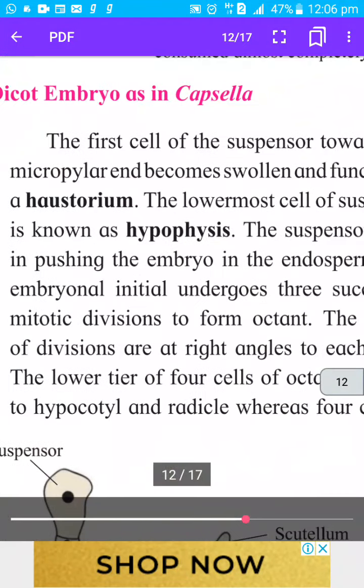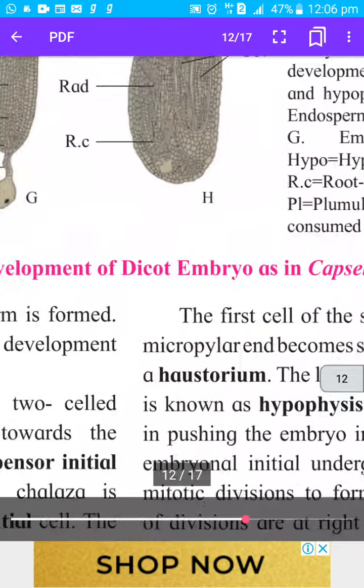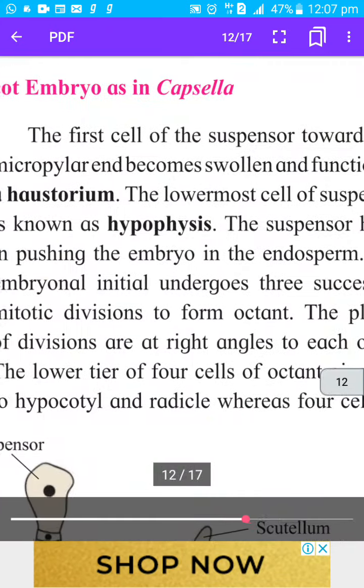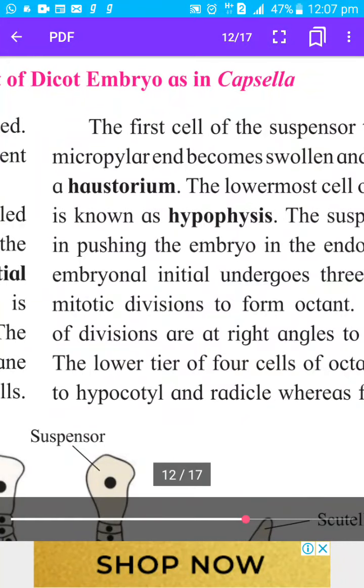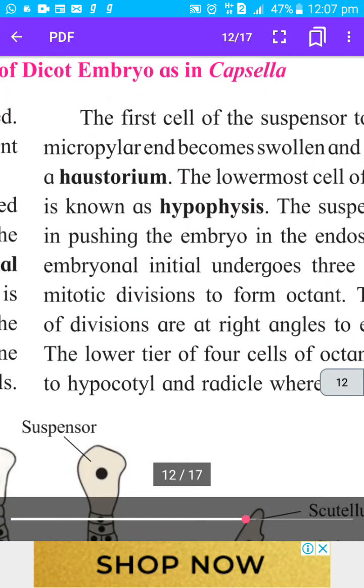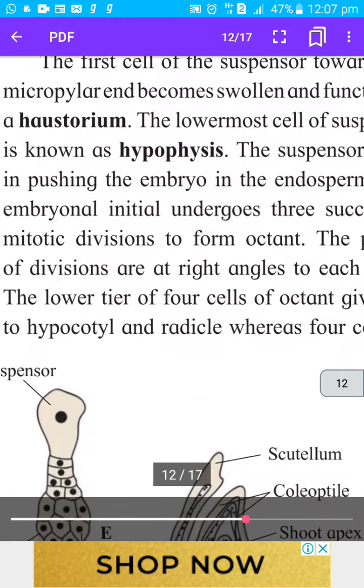Then what is the function of suspensor? It will push the embryo into the endosperm for getting nutrition. Then the first cell of the suspensor will function as a haustorium. Haustorium means it will take and transport the nutrients toward the developing embryo.